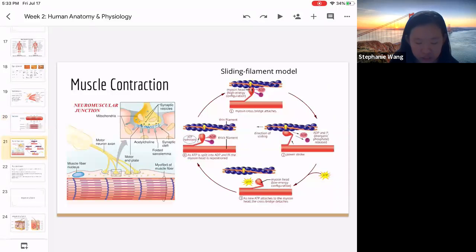Okay, I'm going to move on to muscle contraction. This part is a little bit complicated, so bear with me. I'm going to start from the very top. Your nerve ending, you can see over here in the yellow, gets a signal to release neurotransmitters.